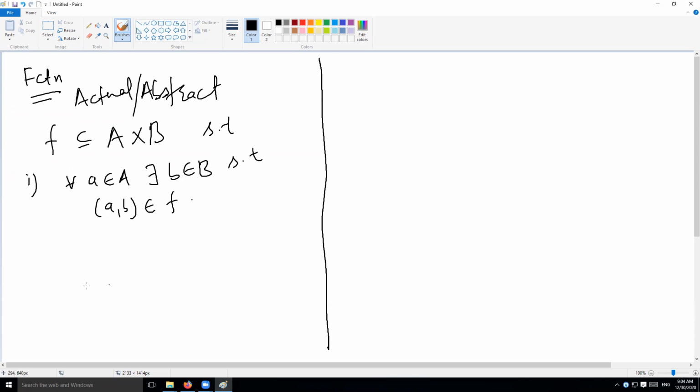Okay. And that b, this b that exists for every a, it must be unique as well.